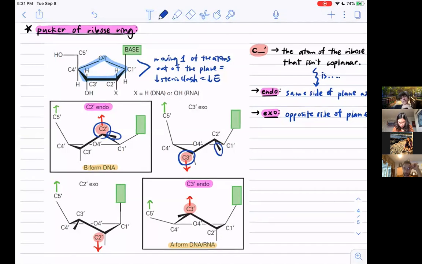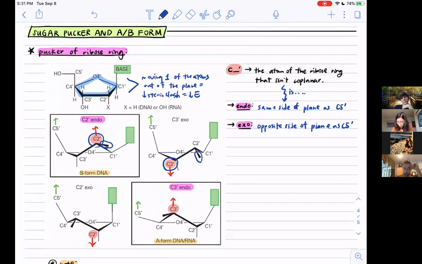Yeah, and I think it's drawn better in your lecture notes. But will we need to super accurately draw the angle of those bonds for the C2 prime endo, either the hydroxyl or the hydrogen atom?